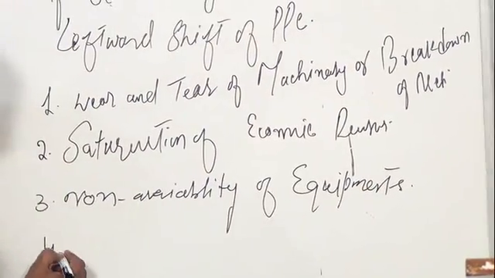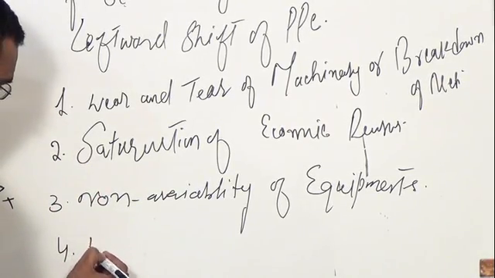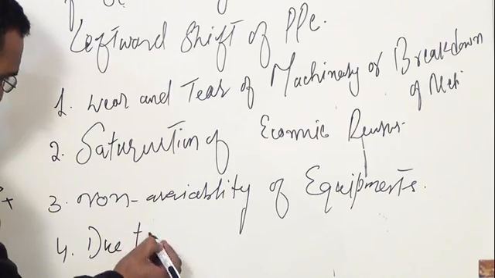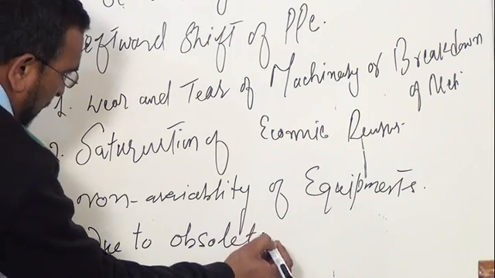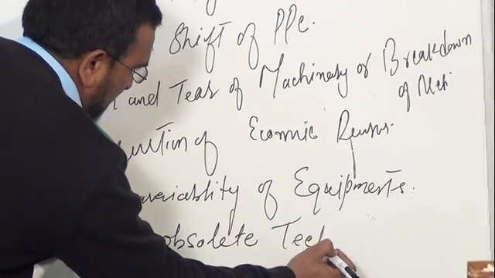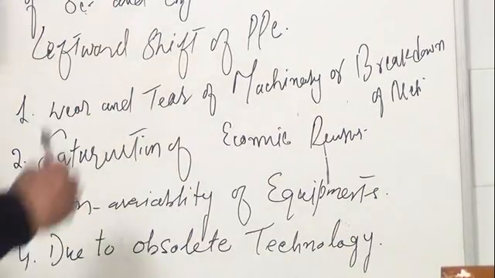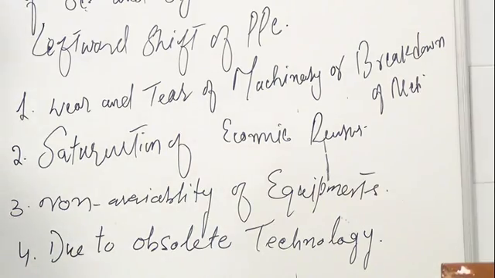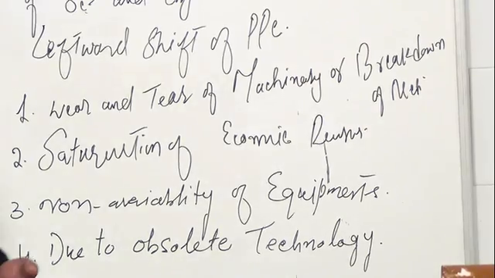And number four, the last, is due to obsolete technology. Okay, these are the factors which are responsible for the leftward shift of the production possibility curve.